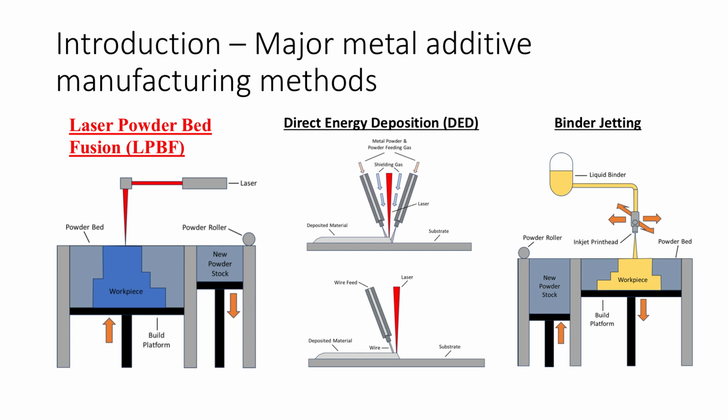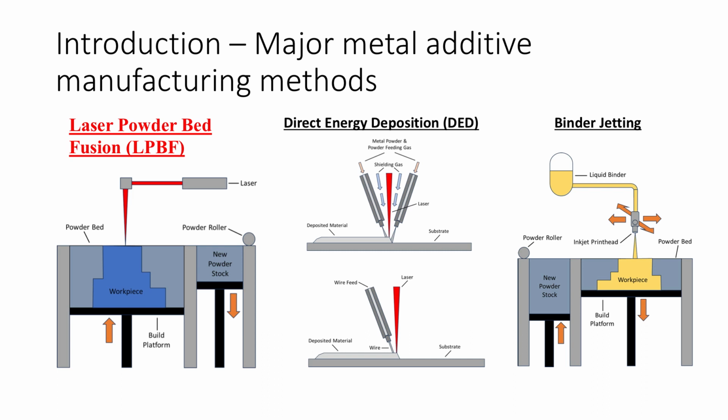Or we may use a wire feed, and with the laser, we melt the wire and we attach it to the locations where we want, and we create the part. If we are going to attach this head on a robotic arm, we can extend the reach of that arm, and we create much bigger parts.